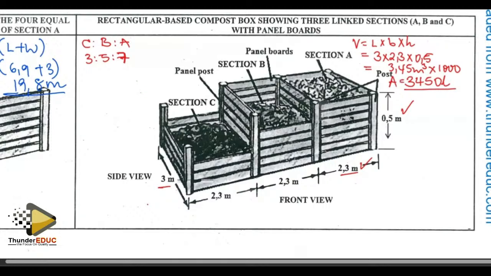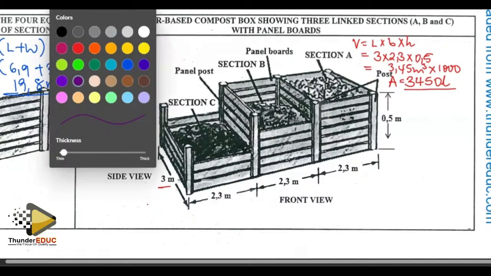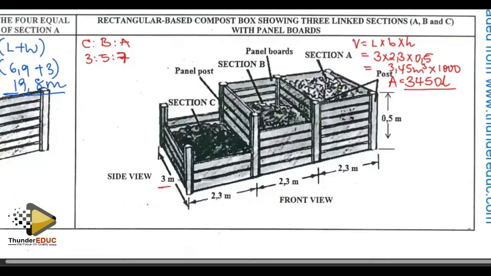So if you find out the total decomposite that's going to be used, we shall need to ask ourselves, let's say we have C, B, A. We need to find out how much they are sharing.